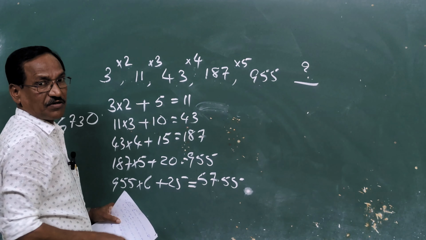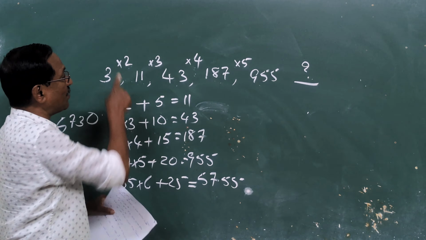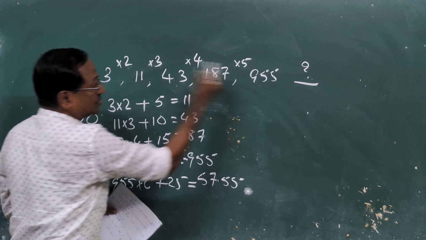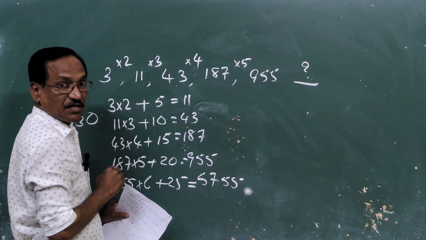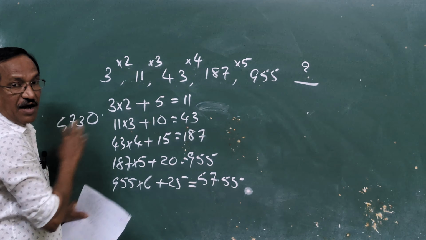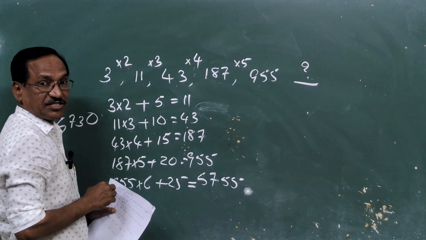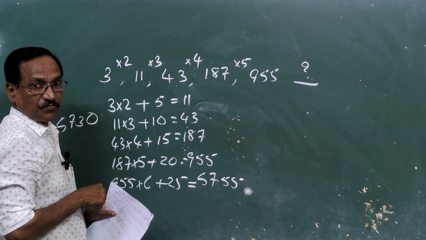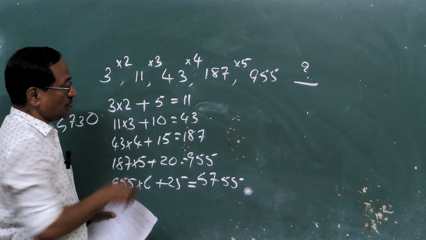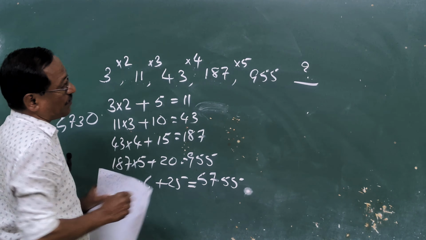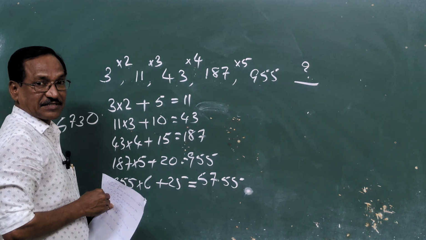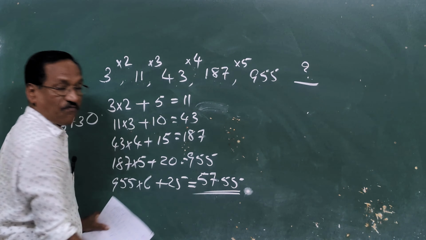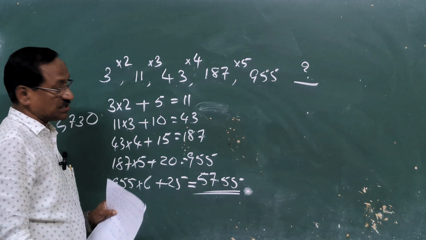We will not think about the multiplication by 2. But when we come from the right hand to the left hand, we got the pattern, and then we could easily understand that the multiplication in the beginning is 2. So after getting the pattern exactly, we can find the missing number, 5755.